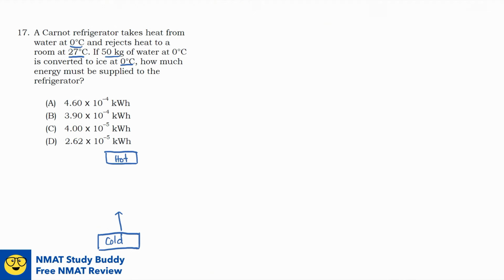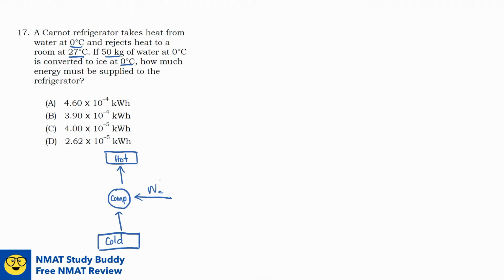Pero to be able to do that, kailangan mong meron kang compressor. Yung compressor, siya yung mag-i-input ng work para matapon yung heat to the hot reservoir. Kasi 'di ba yung sa second law of thermodynamics kasi, hindi pwede na mag-flow yung heat from cold to hot reservoir. Ang flow talaga ng heat is from hot to cold reservoir.